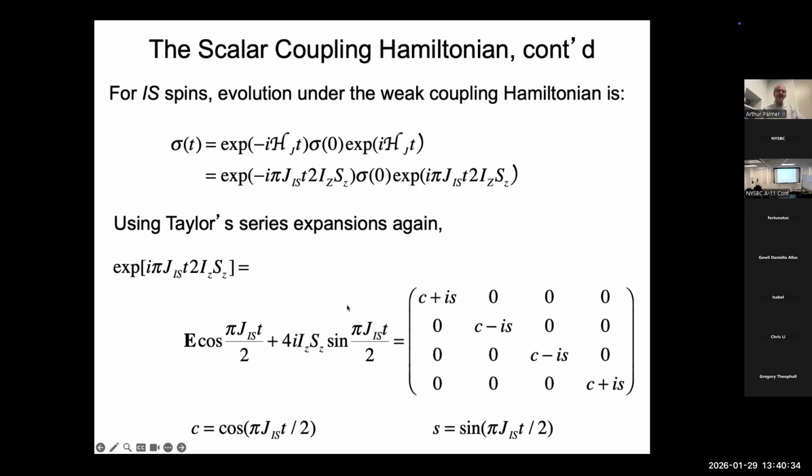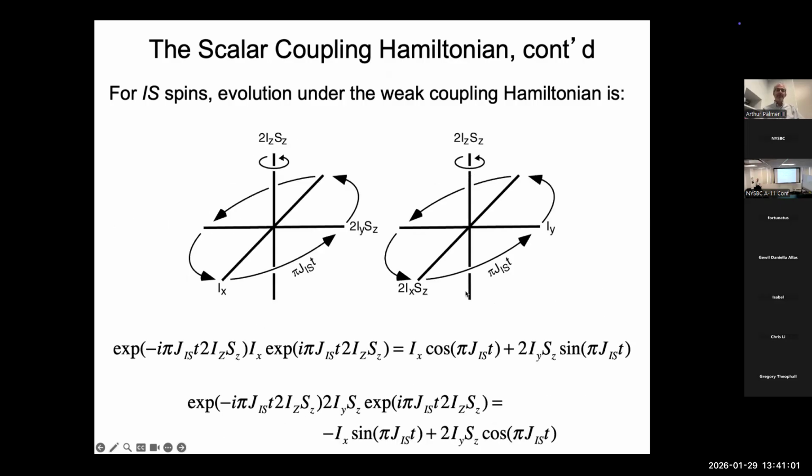For 2 spins, this exponential operator turned out to be something that depends on the sines and cosines of the scalar coupling evolving in some time. And then we can ask, what does this mean for evolution of our operators?